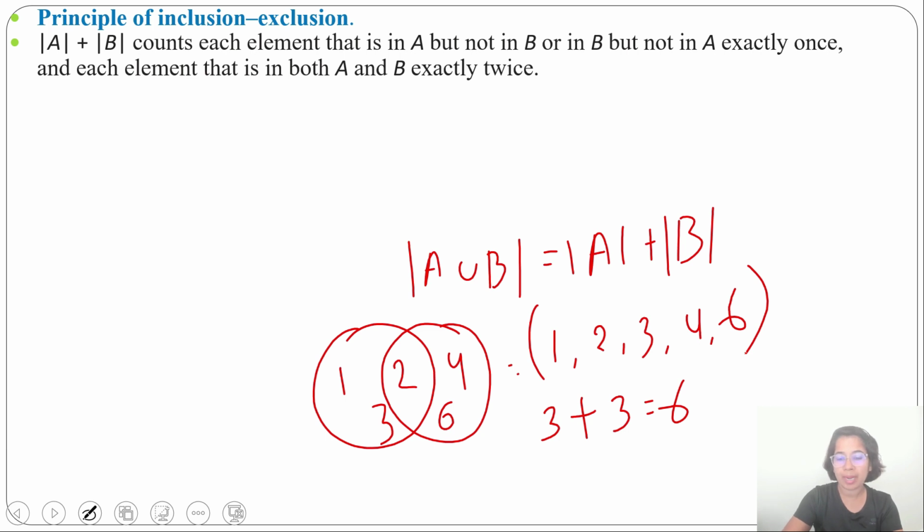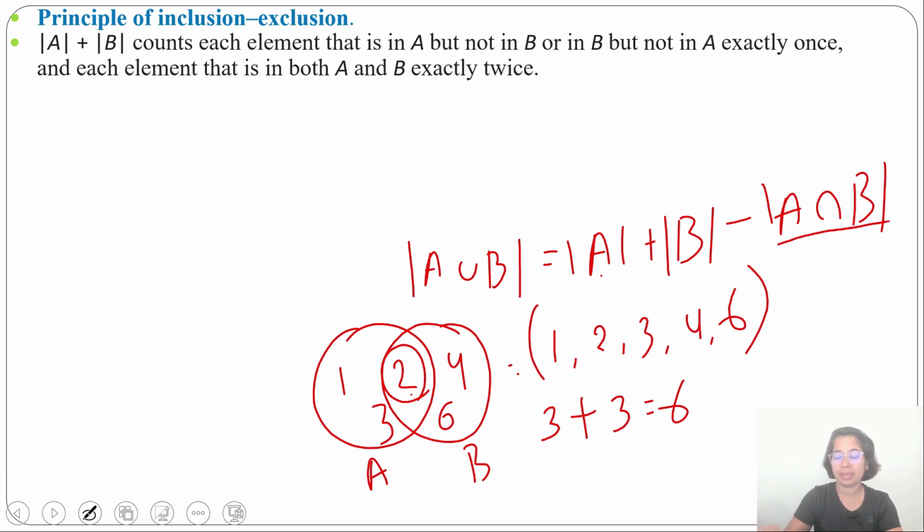So here, you will mark that A contains 2 and B also contains 2. So we count this element for both A and B. That's why, for finding |A ∪ B|, we need to subtract |A ∩ B| from |A| + |B|. As we counted this two times, for set A and for set B, I will subtract the cardinality of A ∩ B. Now it will be 3 plus 3 minus 1, which is 5.